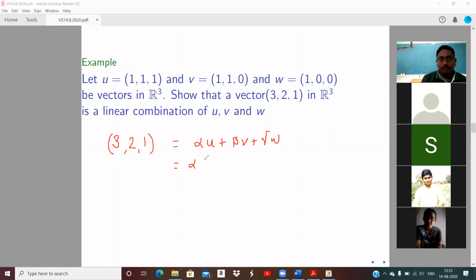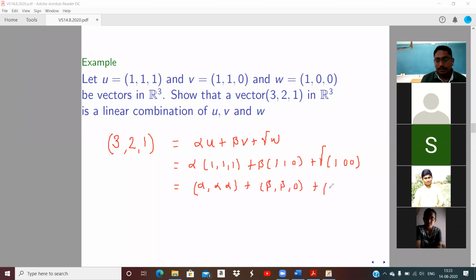So alpha into U is (1,1,1), beta into V is (1,1,0), and gamma into W is (1,0,0). By the scalar multiplication definition, this is (alpha, alpha, alpha), this is (beta, beta, 0), and this is (gamma, 0, 0).